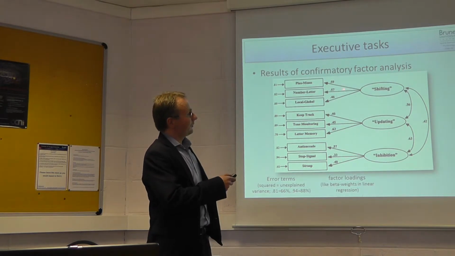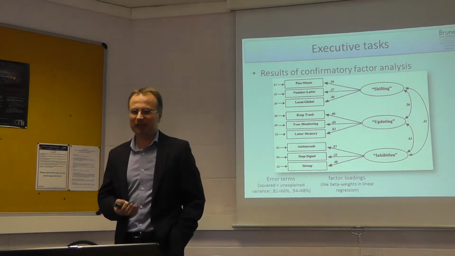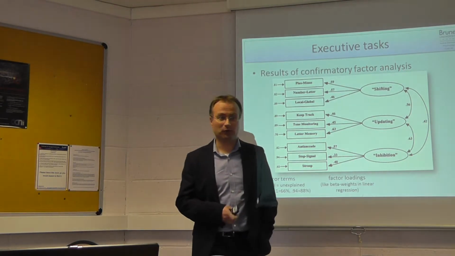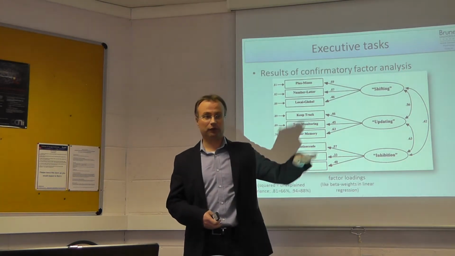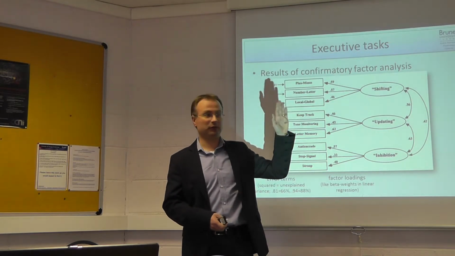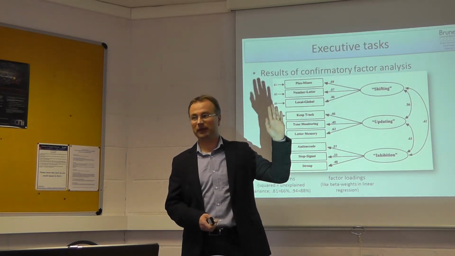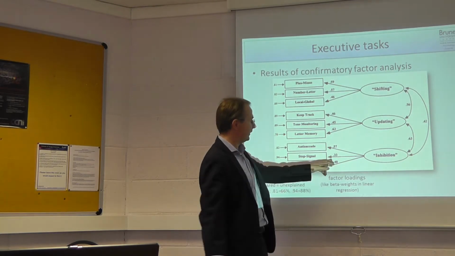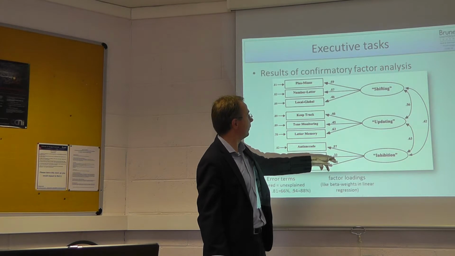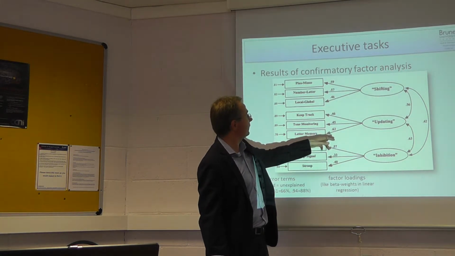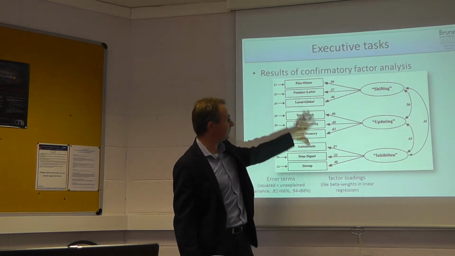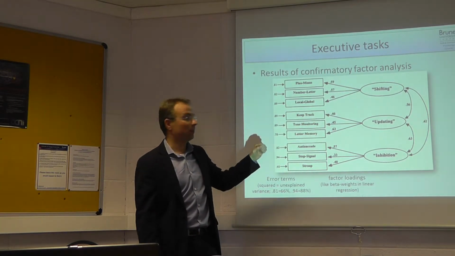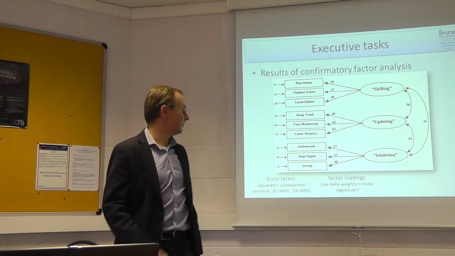These lines show the factor loadings, and this is basically the beta weights from linear regression, or the slope in a linear regression. Usually you would say the steeper the slope, one is maximum, the closer the two are linked to each other. And you see it's somewhere between 0.33 and 0.63 as the highest. So these are all significant and quite alright factor loadings.